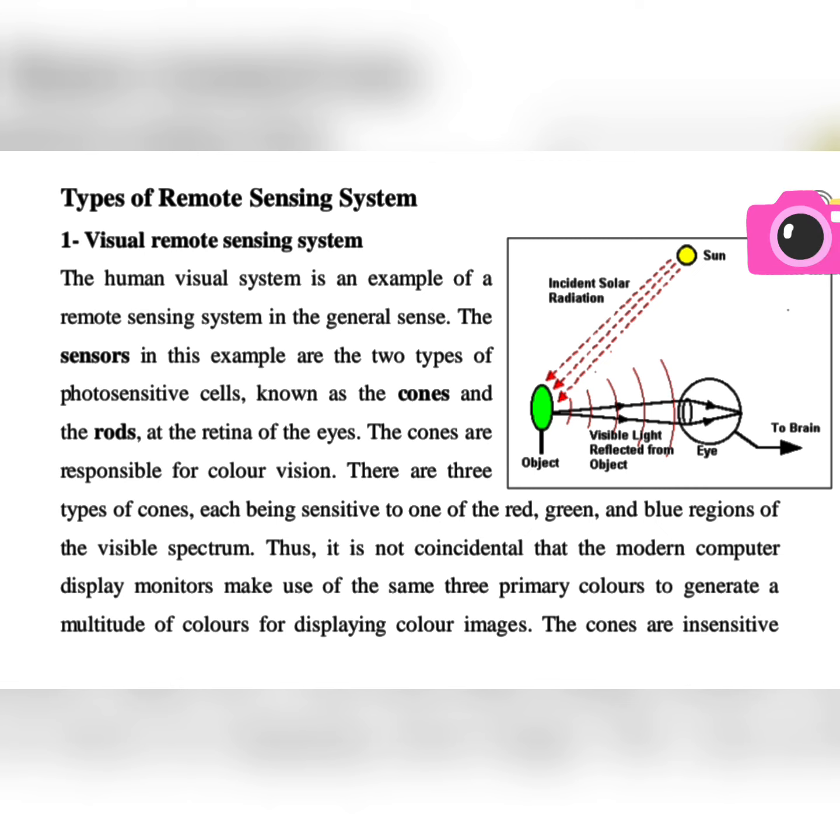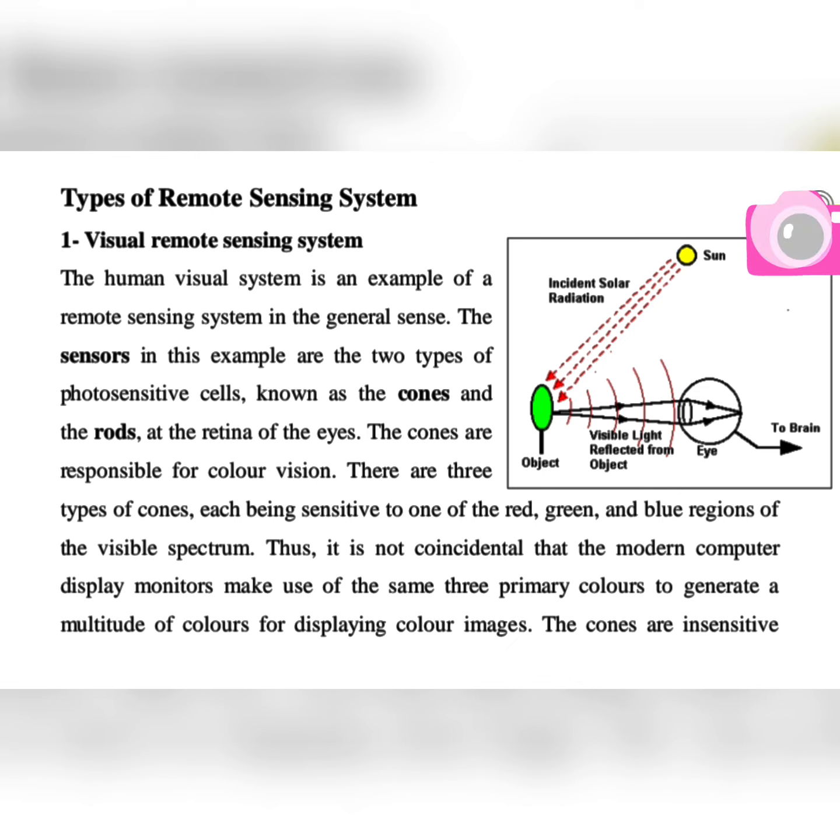Number 1. Visual Remote Sensing System. The human visual system is an example of a remote sensing system in the general sense. The sensors in this example are the two types of photosensitive cells known as the cones and the rods at the retina of the eyes. The cones are responsible for color vision.